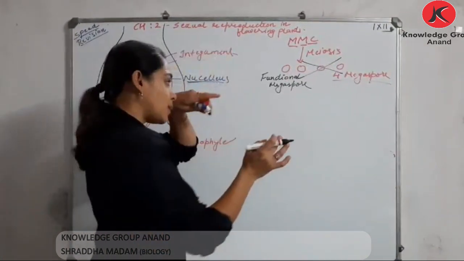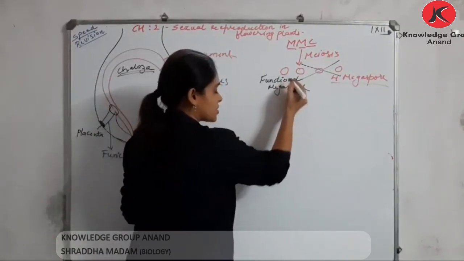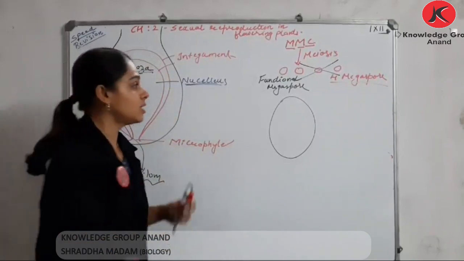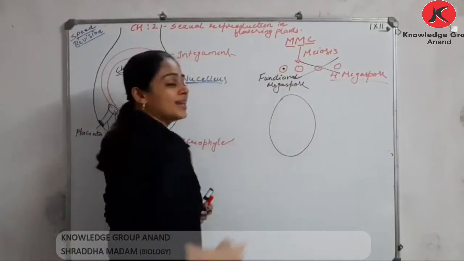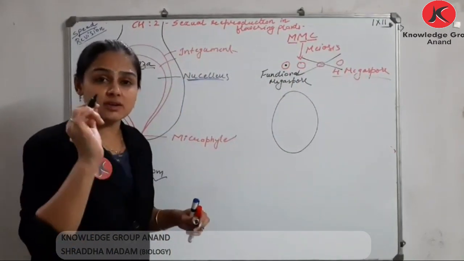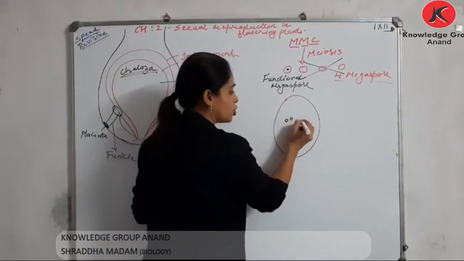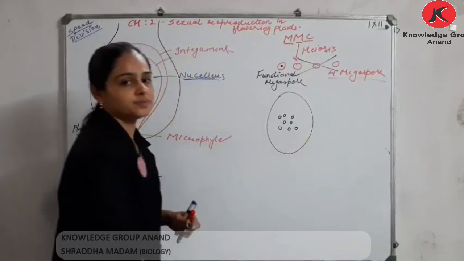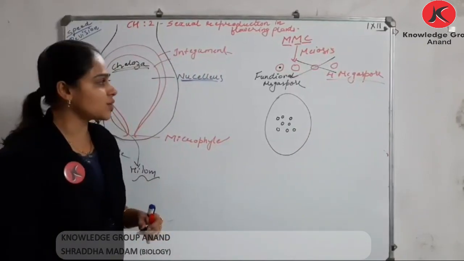Am I clear? तो बच्चों देखो यहाँ पे this is your functional megaspore as you can see over here, right? और ये यहाँ पे उसका nucleus है. This nucleus divides to form a total of 1, 2, 3, 4, 5, 6, 7 and 8 nuclei as you can see over here.